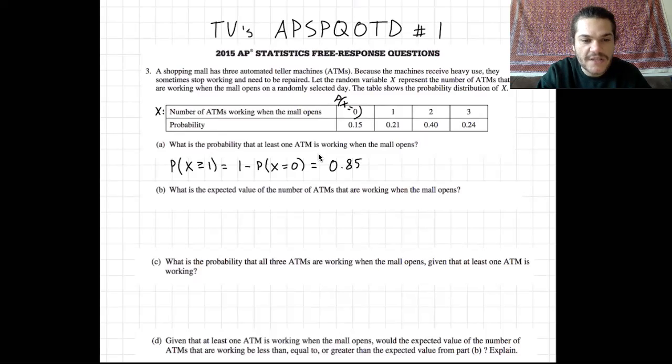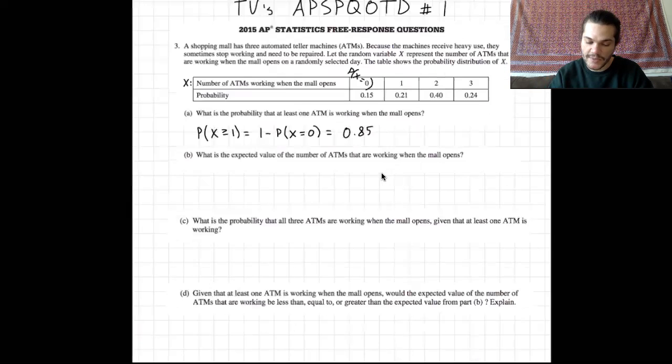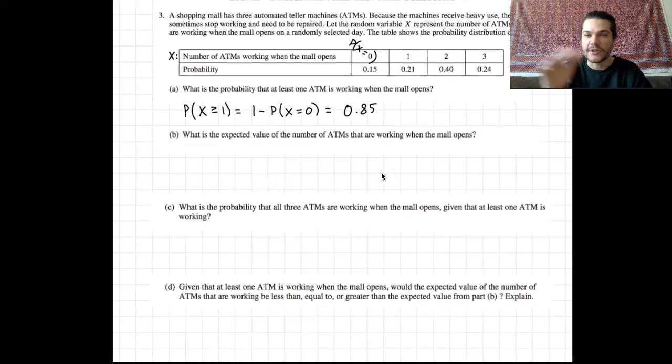Part B, what is the expected value? So that means when I go to the mall, on average, how many ATMs are going to be working? And it's usually not going to be a whole number, because this is on average for a great number of days, what would be the average number of ATMs working. So it's pretty much like a weighted average. So we're going to take each of these values and multiply by their probability.